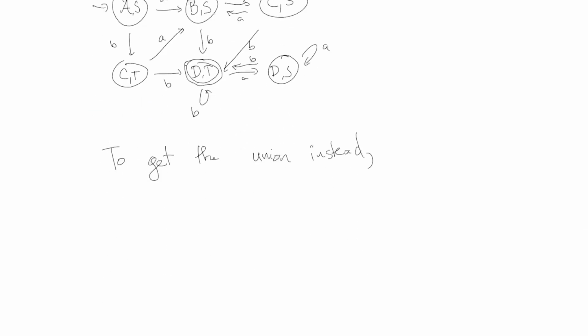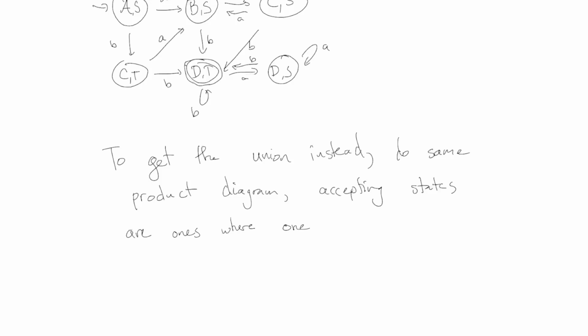So to get the union instead, the only difference, it's the same diagram with the pairs and the arrows. So do the same product style diagram. The only difference is deciding which states are accepting at the very end, and you do the same way but you use the word or instead of and. So do the same product diagram, but the accepting states, and this is the different part, are ones where one coordinate, by coordinate I mean each pair has 2 things in it.